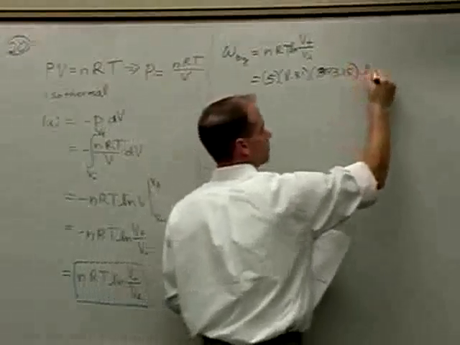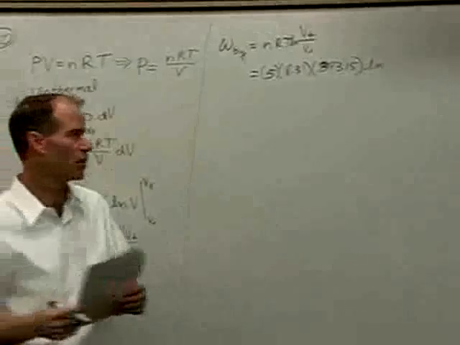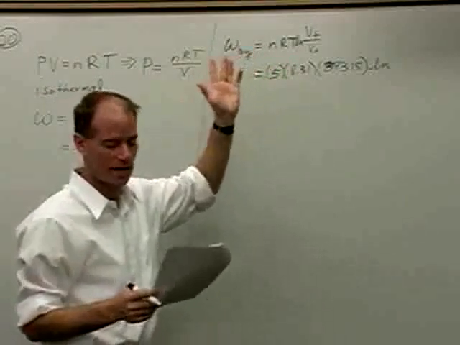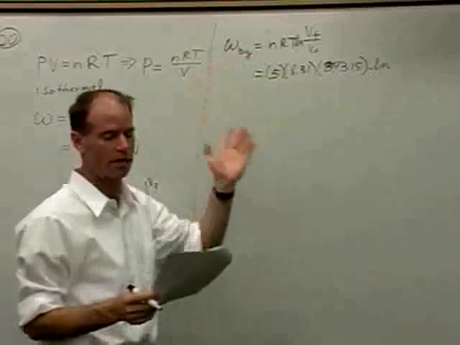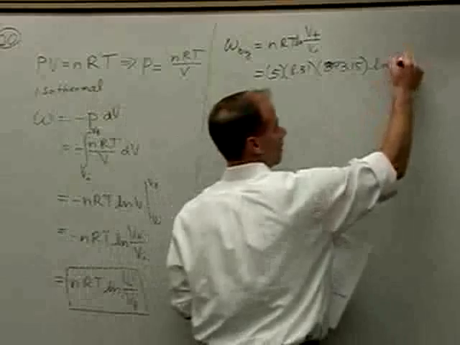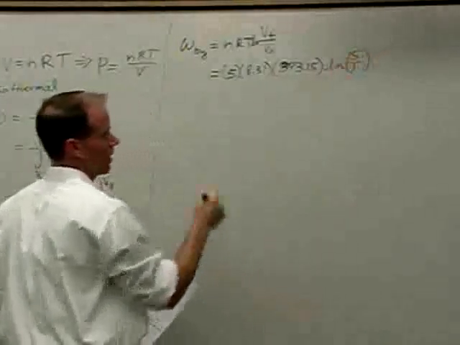Natural log. And the volume is given in terms of liters, and we're going to have liters over liters, so the units of the volume will cancel out. So the fact that we go from 1 liter to 5 liters will just be a ratio of 5 over 1, and that will be unitless inside that natural log.